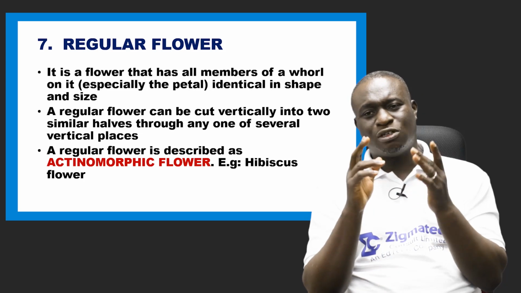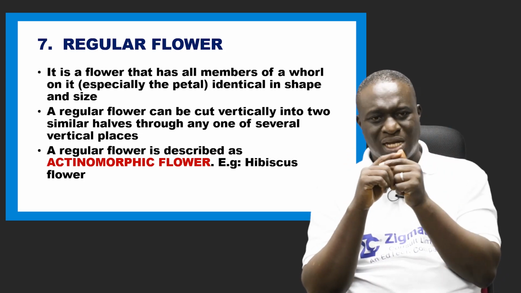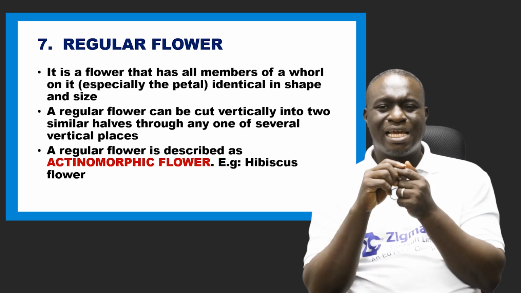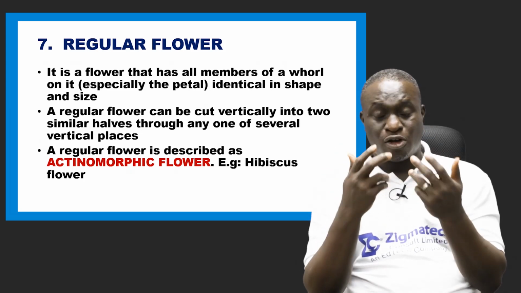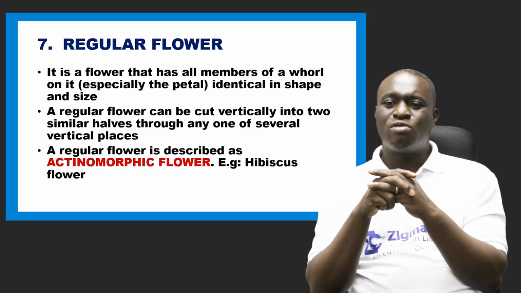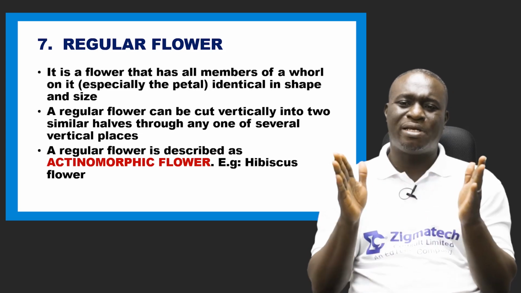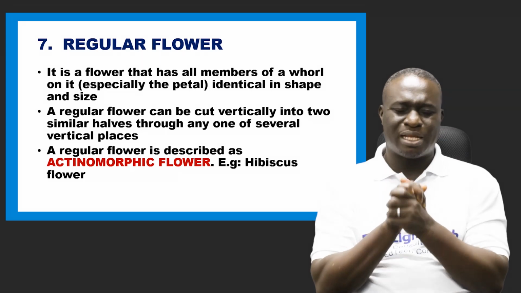Now, when we're looking at the whorls of the flower, we are specifically looking at the petals. A flower that has the petals identical in shape and identical in size can be referred to as a regular flower. A regular flower can also be cut vertically into two similar halves through any one of several vertical planes.